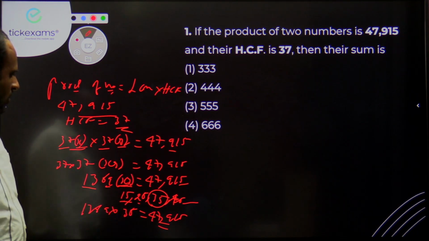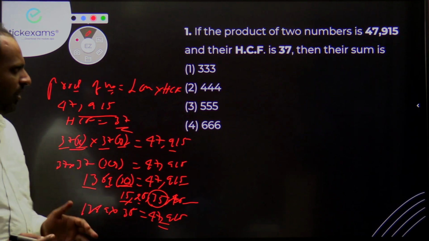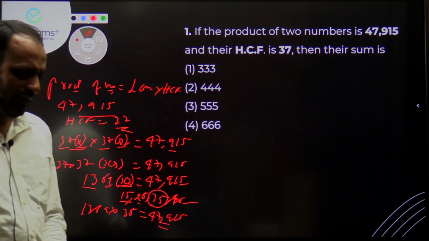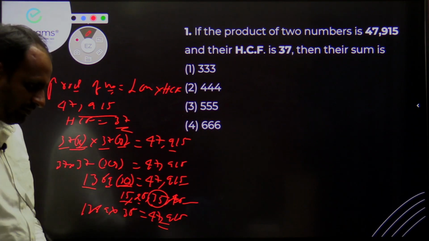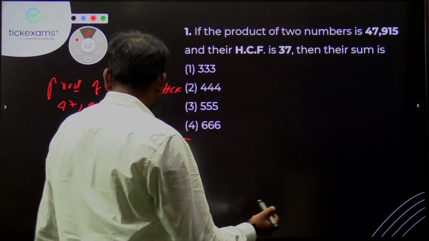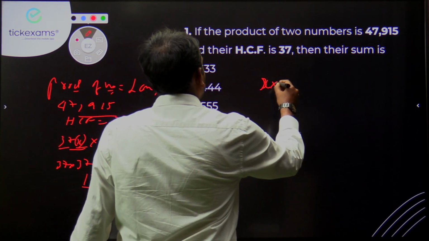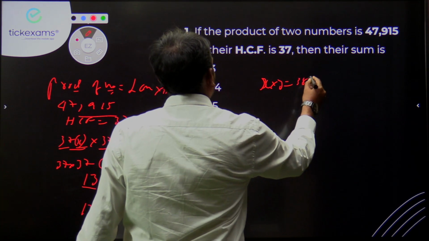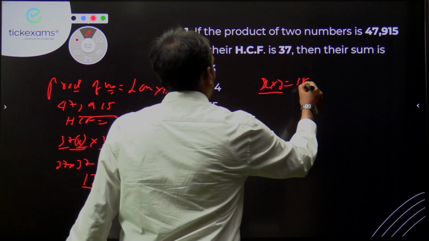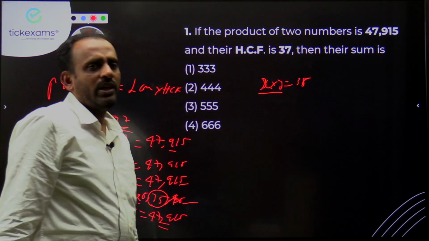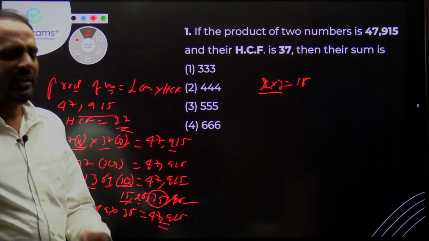Okay. So now that we got to know xy means 35, let us try to understand what this x and y can be. We know x into y is equal to 35. So what are these numbers? What is x? What is y? To get 35, we get it in two ways.